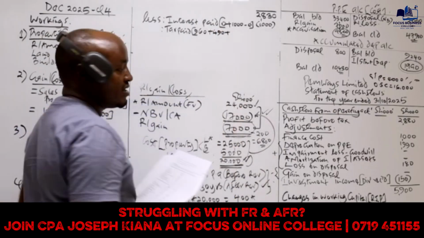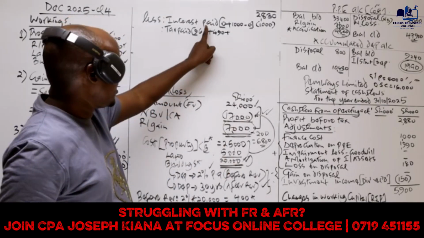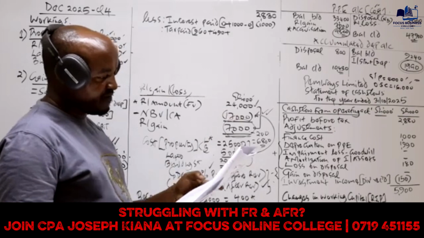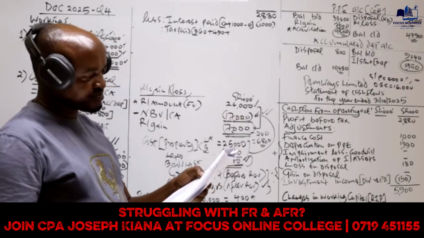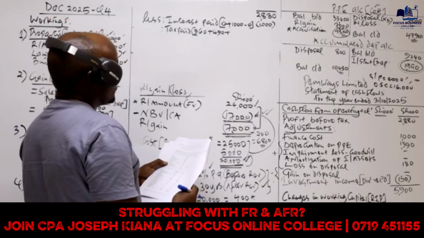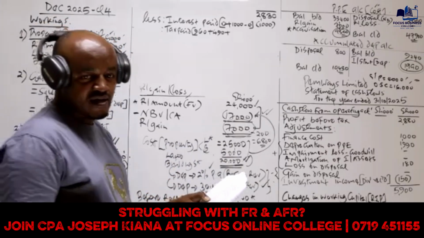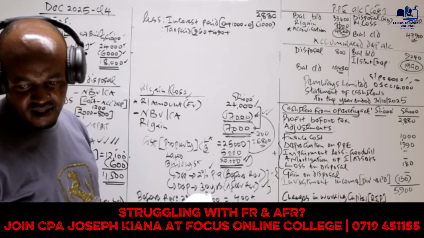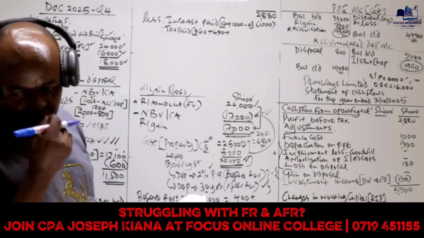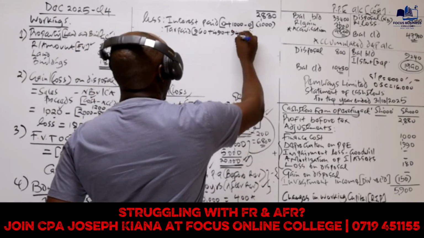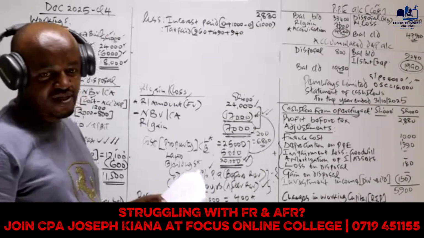Then to this, just like what you have done for the interest, we take the tax from the income statement, the tax for the current year, which is an amount of 940.